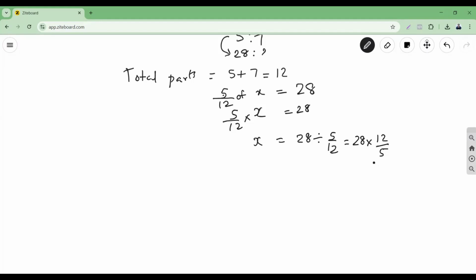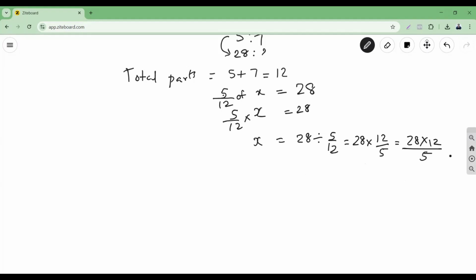When you have learned the division of fractions, you would know that the divisor becomes the reciprocal and the division becomes a multiplication. So this is x, the total number of liters: 28 times 12 by 5. You can use a calculator and find the amount. However, I'm going to keep it as it is because I like to simplify at once.